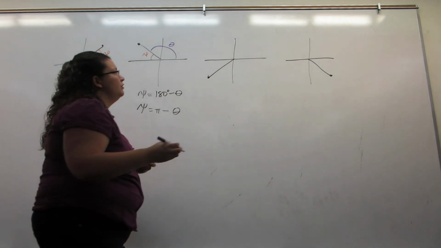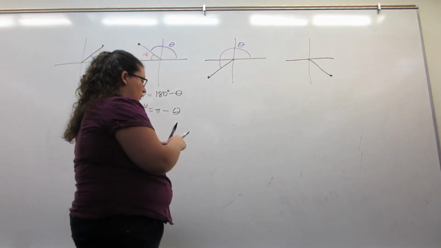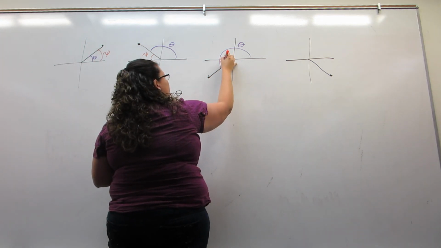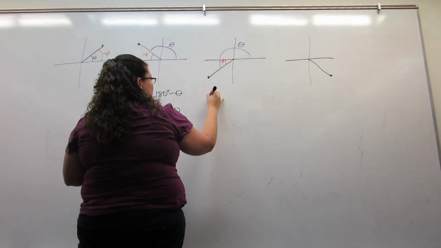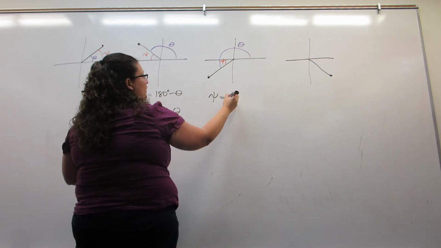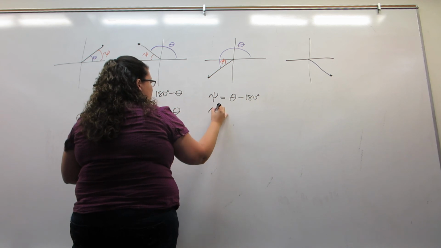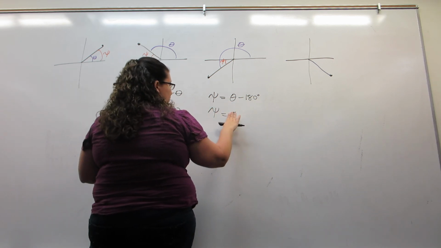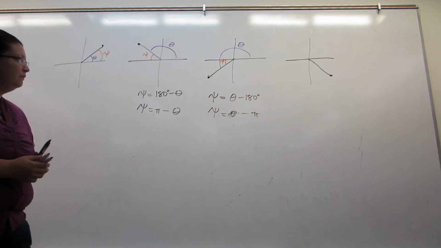In the third quadrant, the original angle theta is right here, but the reference angle is right here. So this means that our reference angle is theta minus 180 degrees in degrees, or theta minus pi in radians.